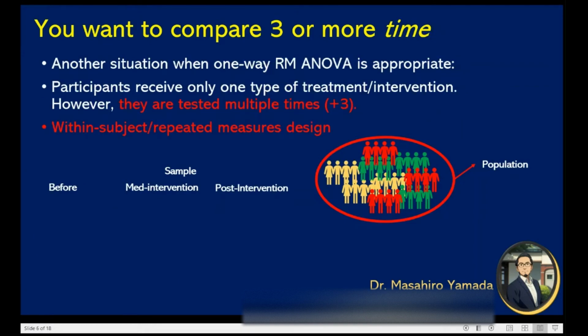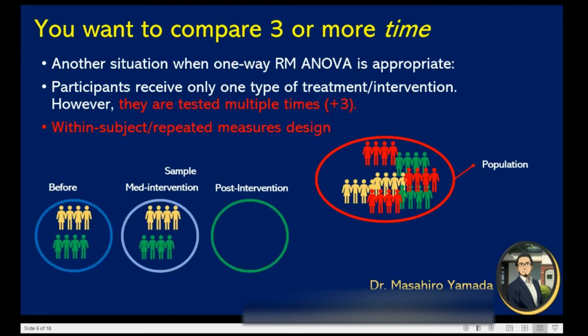Another situation where one-way repeated measure ANOVA is appropriate is when participants only go through one intervention, but they are measured at more than 3 time points. Unlike independent t-test and one-way ANOVA, where participants were measured only once, in the case of paired sample t-test or one-way repeated measure, participants are measured multiple times. Therefore, this type of research design is called within subject design or repeated measure design.